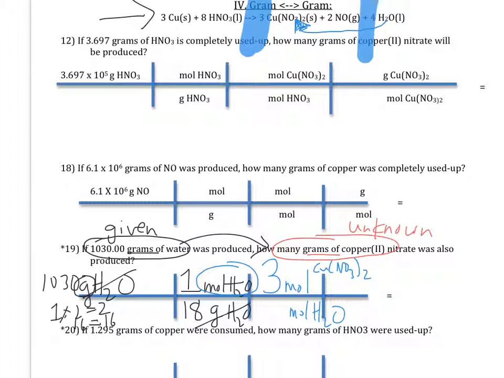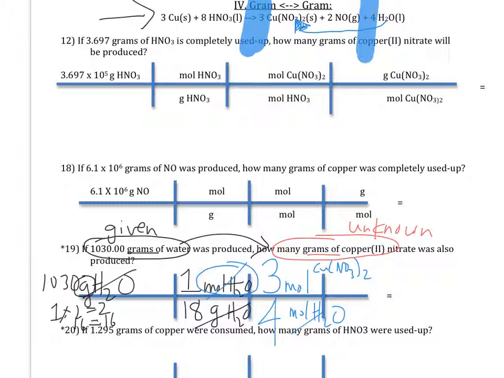It's 4. So I'm going to put that coefficient next to water. Now my moles of water have canceled out. Am I done yet? All my units have canceled out except moles of copper nitrate, but this question wants grams of copper nitrate, so I'm not quite done yet.